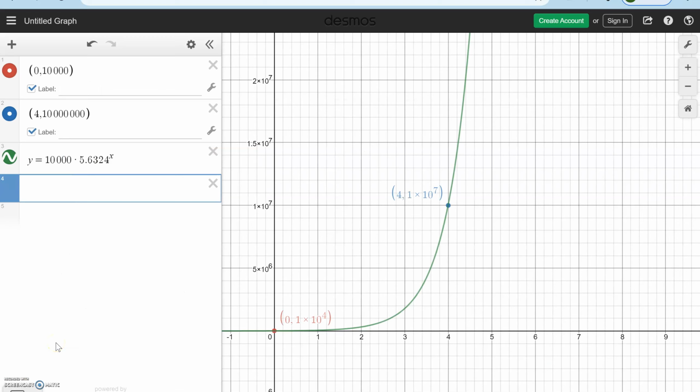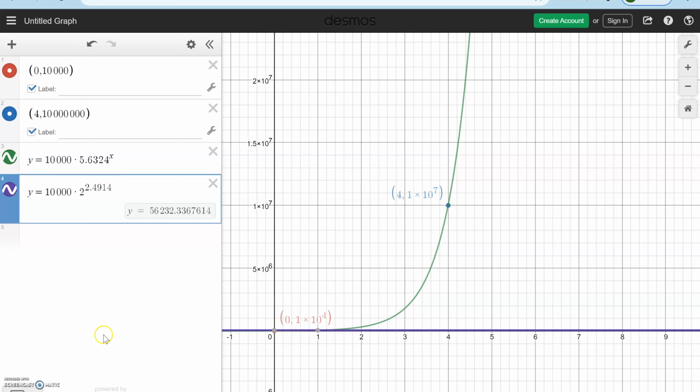Now plotting our equation with a base of 2, y is equal to 10,000 times 2 to the power of 2.4914 times x. And you can see that it is in fact the same function, just re-expressed using a different base.